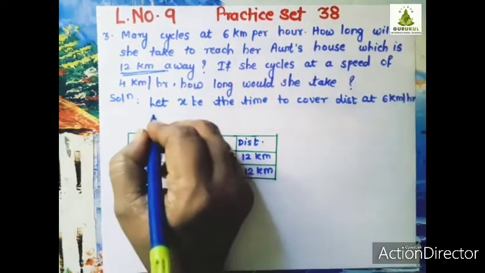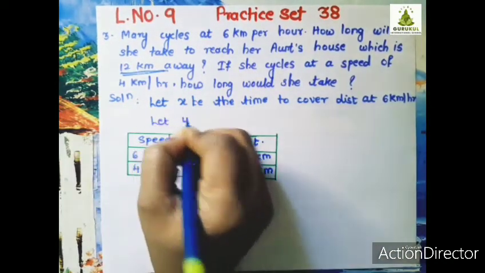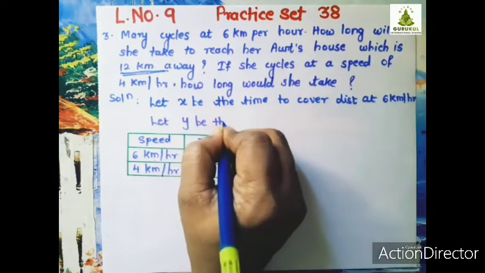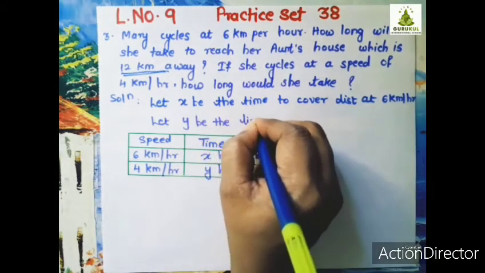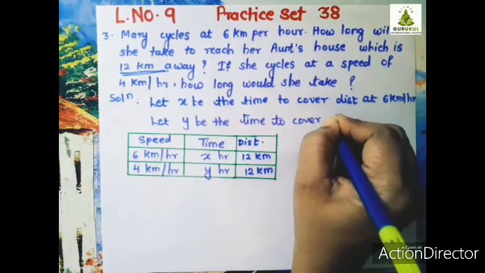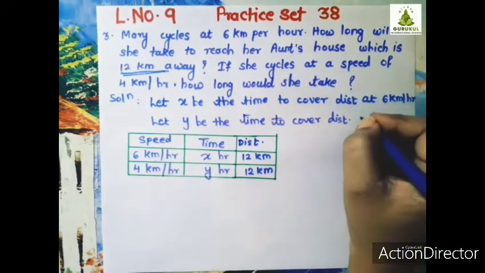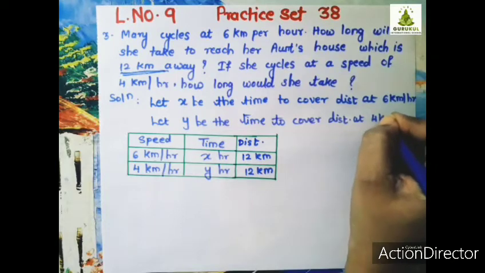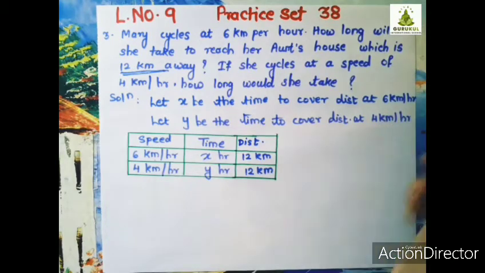And let y be the time to cover the distance at 4 kilometers per hour. So this is how we have assumed x and y.